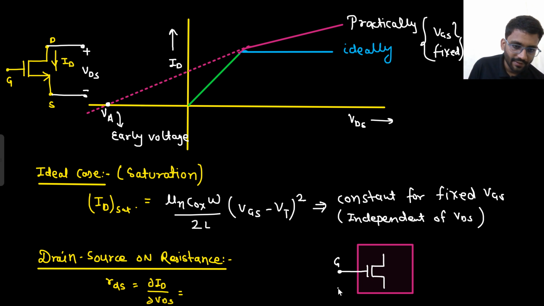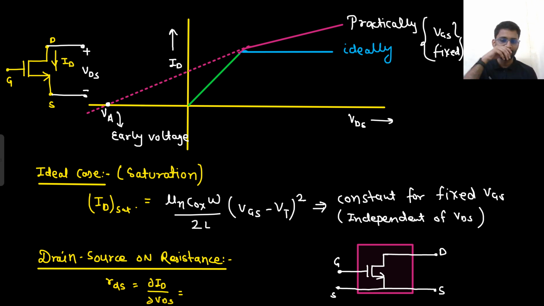This is my gate, this will be my source, this will be my drain, and this will also be my source. Gate source, drain source. This is my black box, with VGS and VDS.